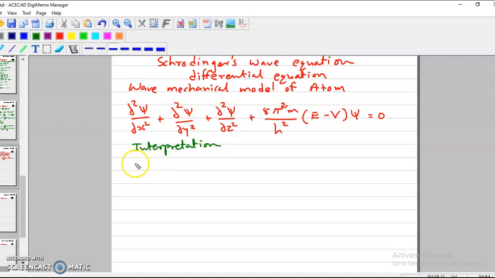What is the interpretation of this equation? Well, here we can take del square upon del x square or y square or z square, which is known as partial differentiation.